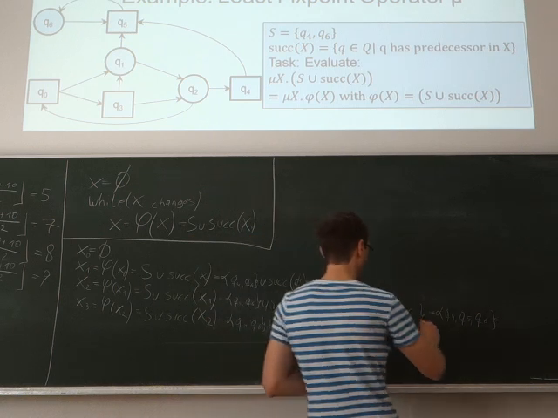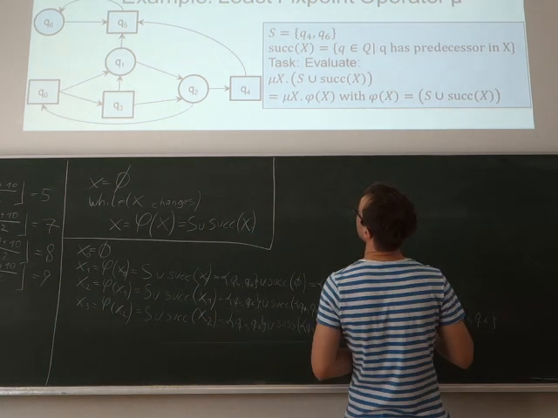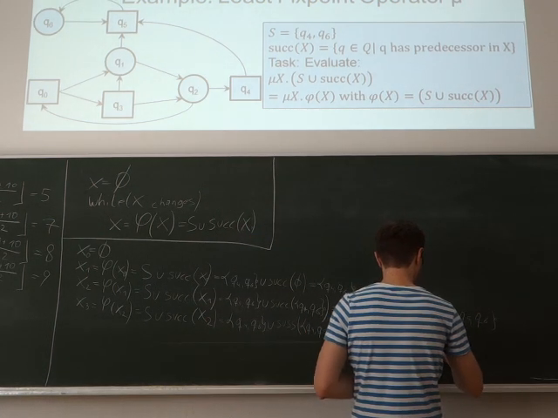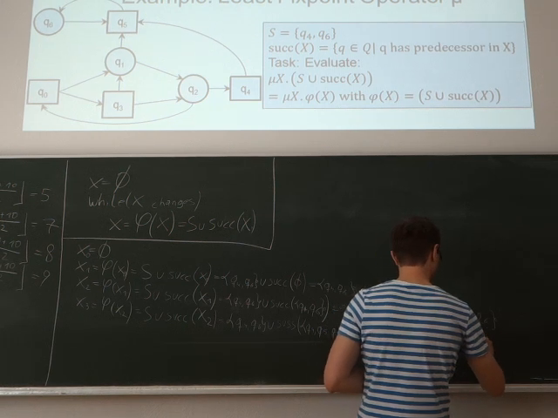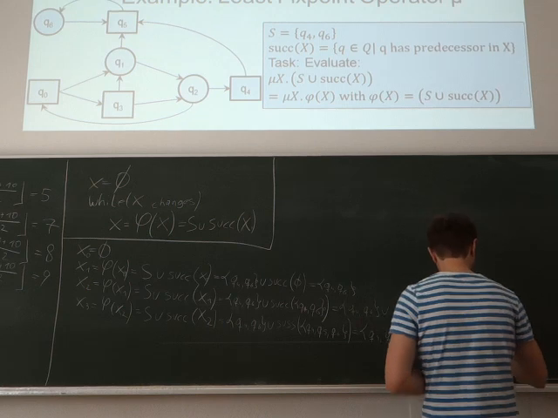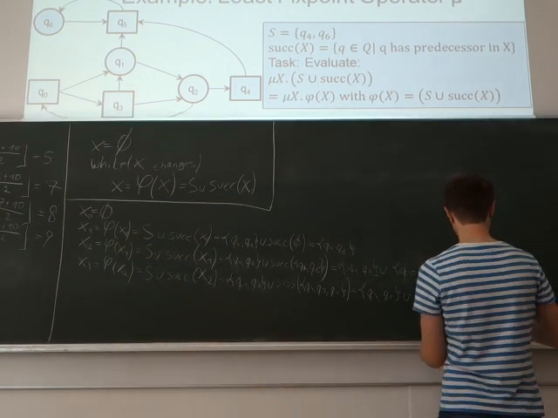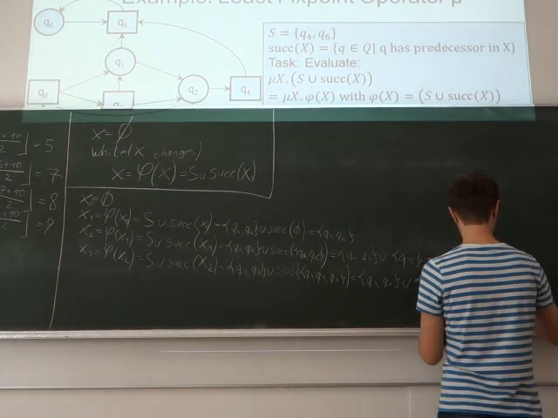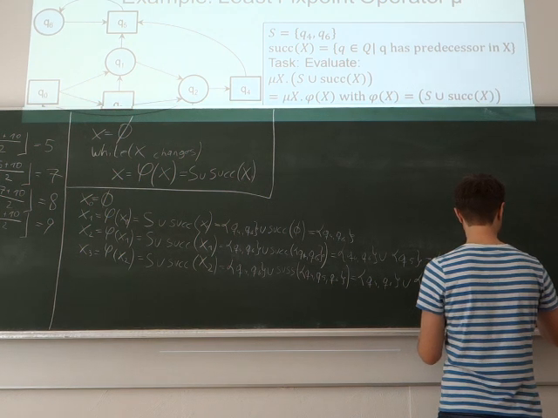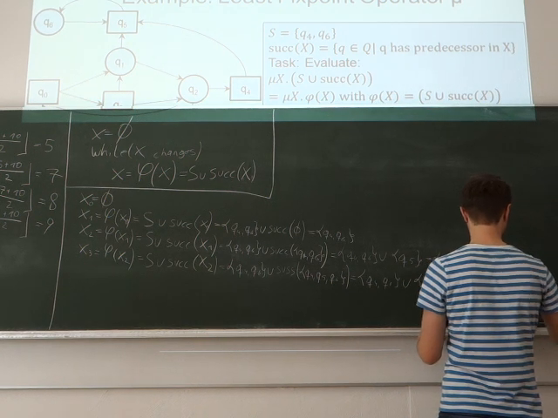So we have Q5 and Q6, and when we build the union of these two, then we get Q4, Q5, and Q6.